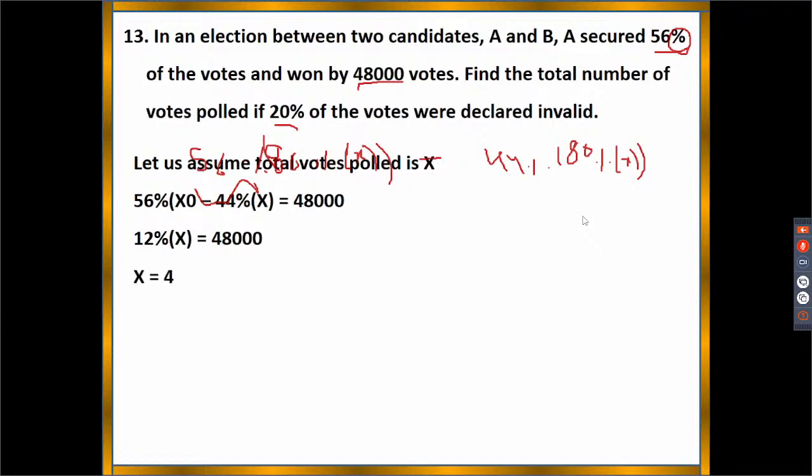So clear, all of you? Whatever you understood from here, please solve it now. Our assumption, let us assume the total votes polled is X. So out of that, one person getting 56%, the other person getting 44%.